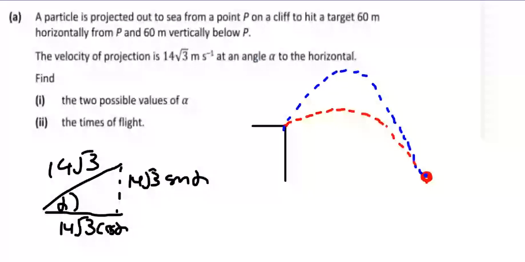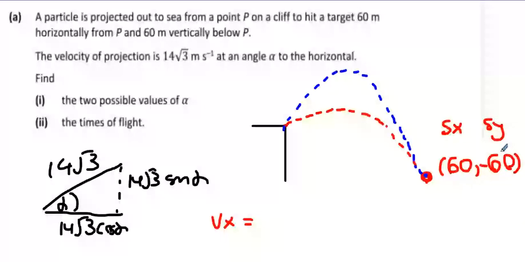I'm going to set up my 4 equations, Vx. Now, what we know is that this point here is the point 60 and minus 60. Your Sx value equals 60 and your Sy value equals minus 60. And the reason for that is it drops 60 below where you started from.